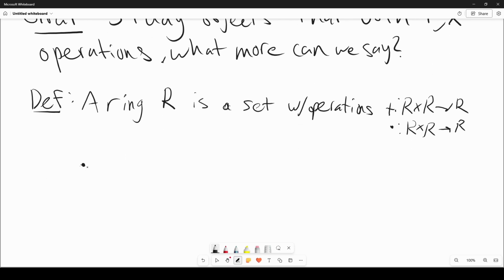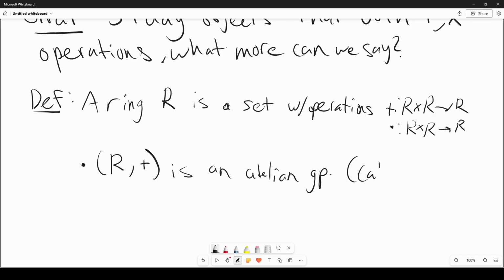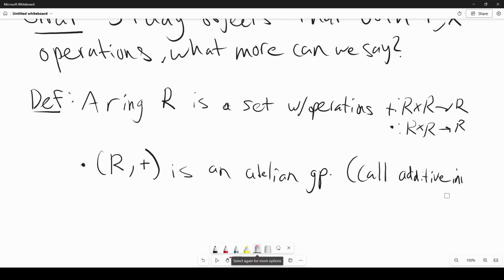Okay, the first property is that if you take my ring and you just take it under addition, then this is an abelian group. And if you recall, every group has an identity, and so we're going to call the additive identity 0.